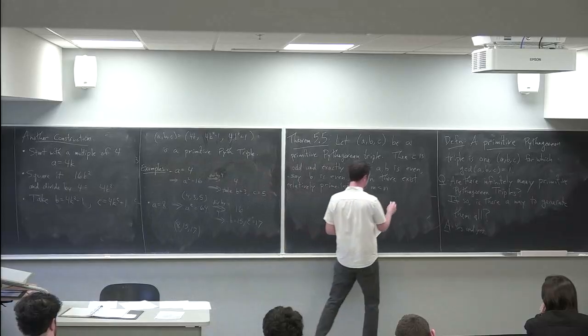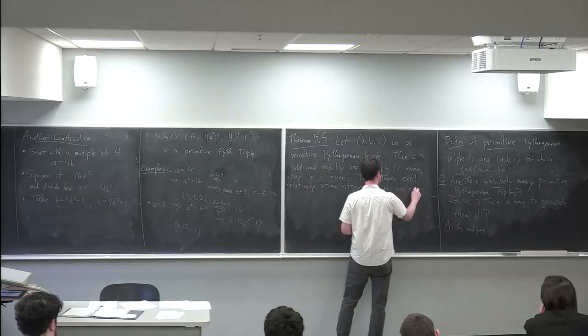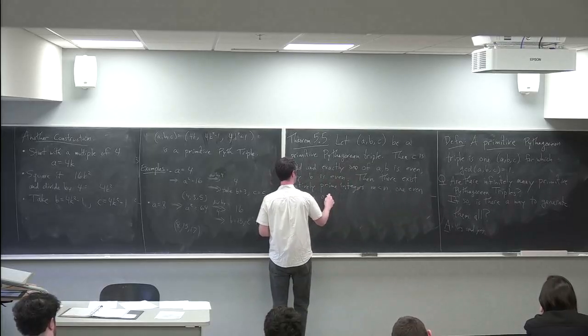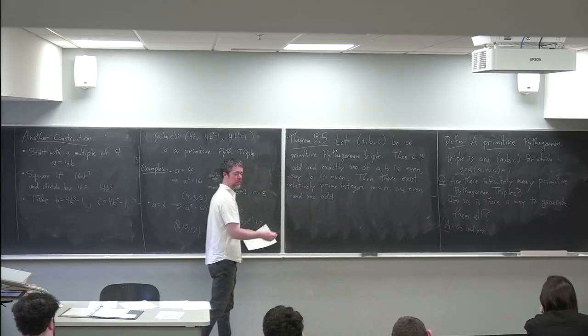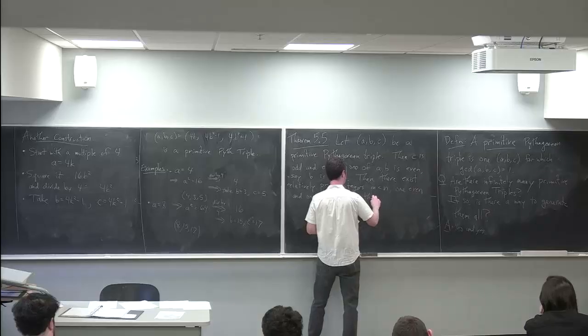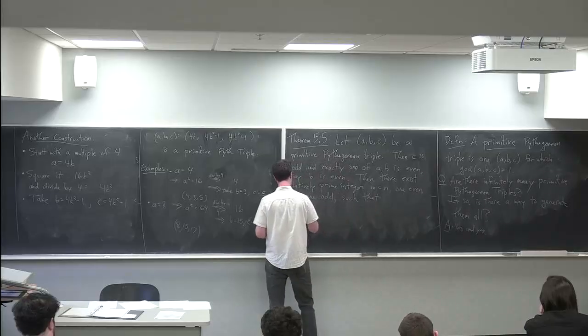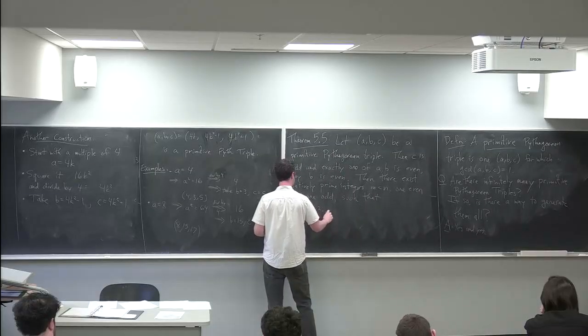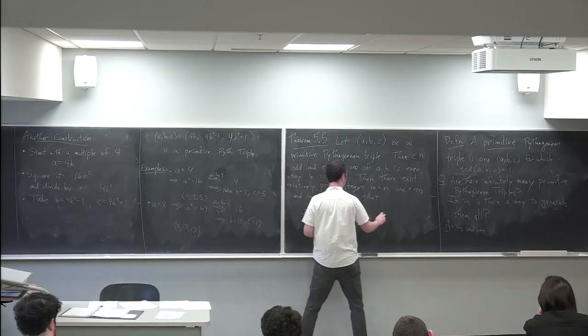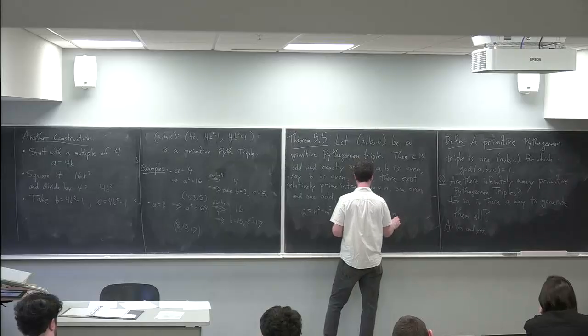These now, one is even, one is odd. Such that the entire triple comes from them in the following way. So A is going to be n squared minus m squared. B is going to be 2mn. And then C is going to be n squared plus m squared.